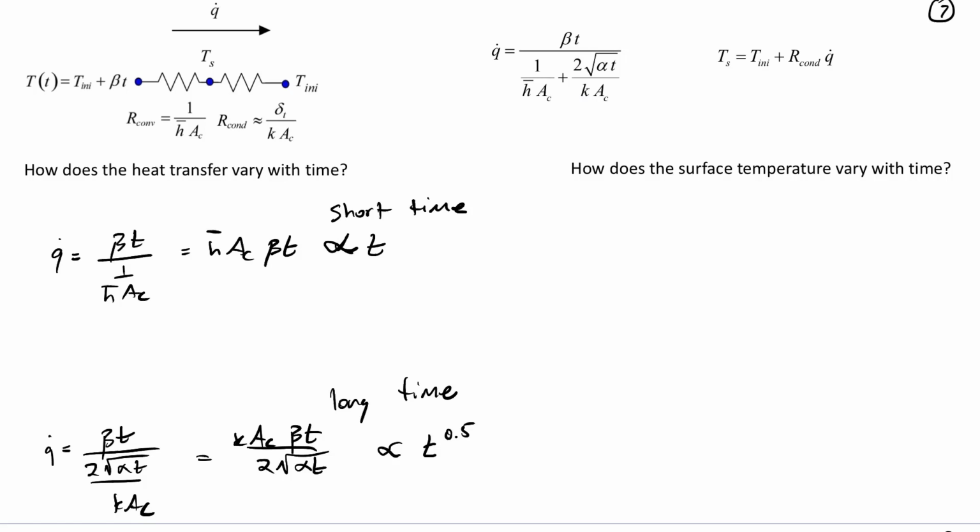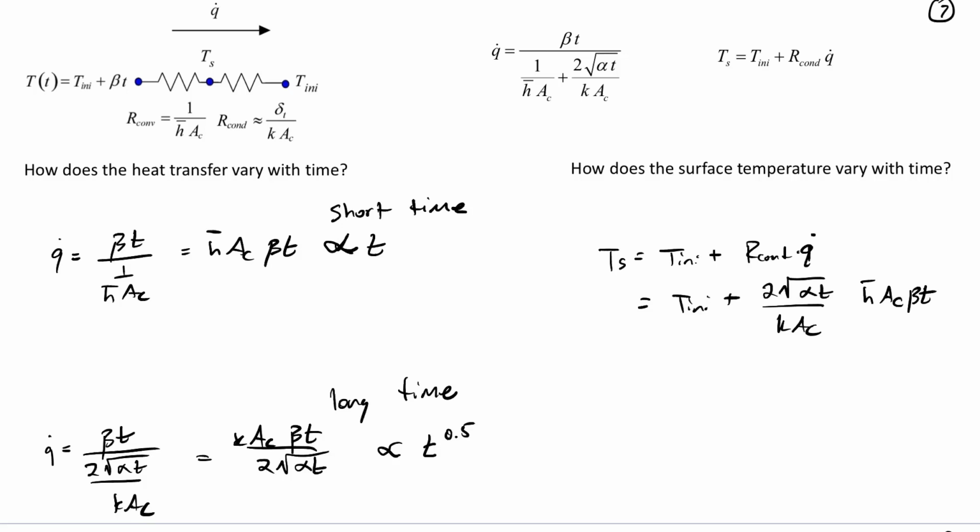Okay, we could also do the same thing for surface temperature. For surface temperature, Ts is equal to T initial plus R conduction times Q dot, which is the same thing as T initial plus 2 times the square root of alpha T over KAC, times H bar AC beta T. Okay, that's our temperature solution.